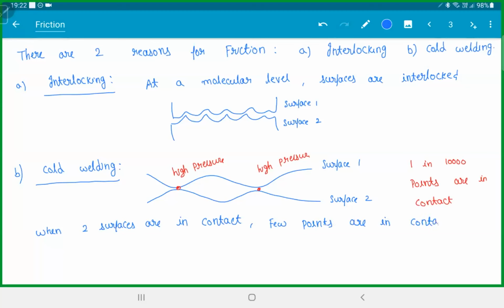It is just like standing on your toes. It puts a lot of pressure. This leads to high pressure, which creates bonds. So the molecules actually start forming some kind of covalent bonds.